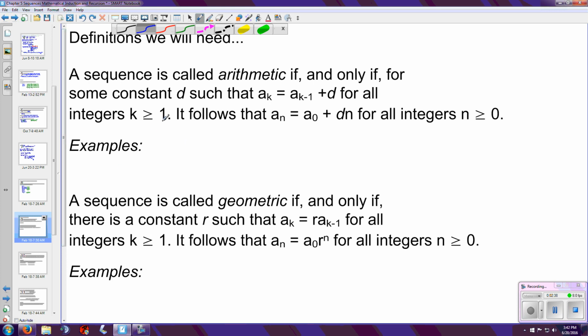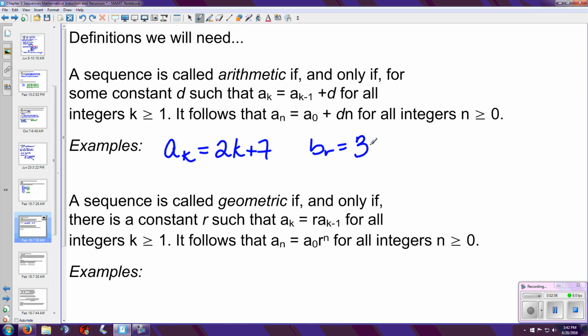For arithmetic, we'll say a sub k equals 2k plus 7. You could say b sub r equals negative 3r plus 4. Anything that's plus or minus a constant term will work for that.